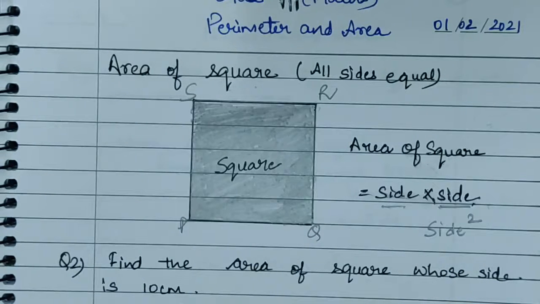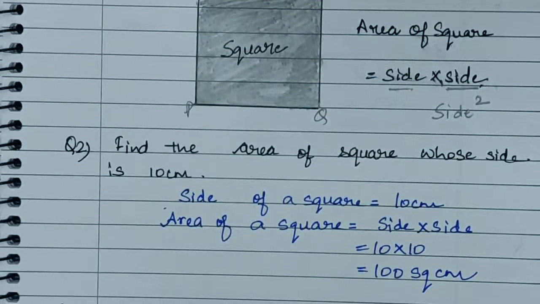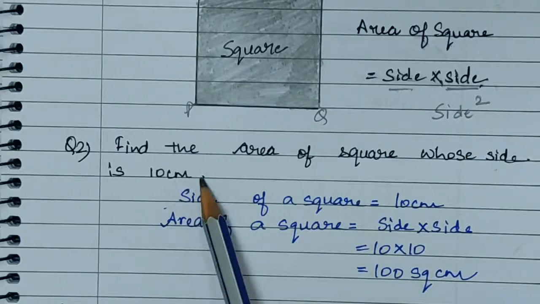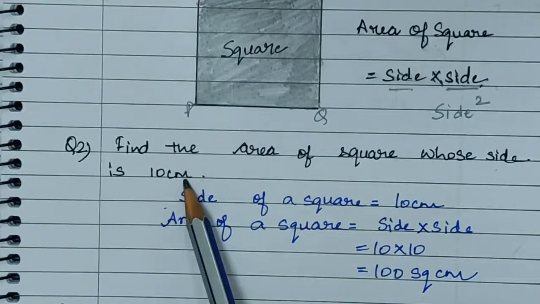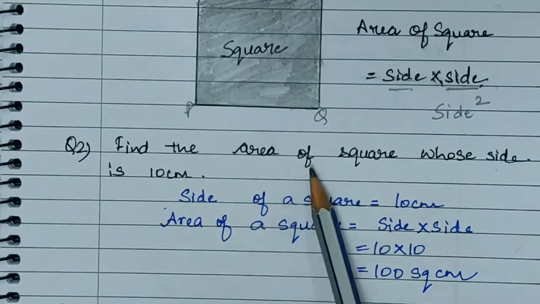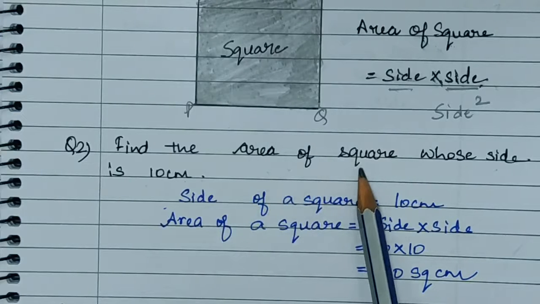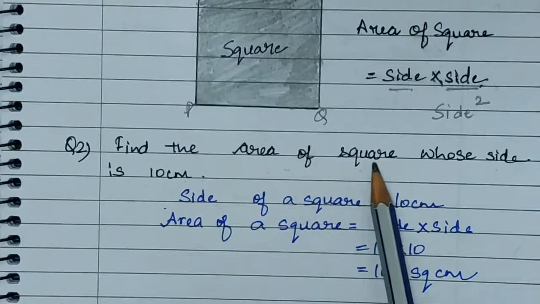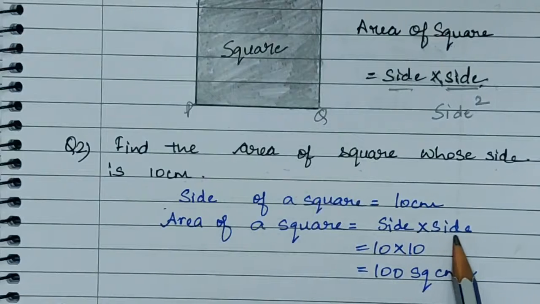Let us discuss one question for this. Find the area of a square whose side is 10 centimeter. Now side is given to you and we have to find the area of the square. Now what is the formula for area of a square? That is side into side.